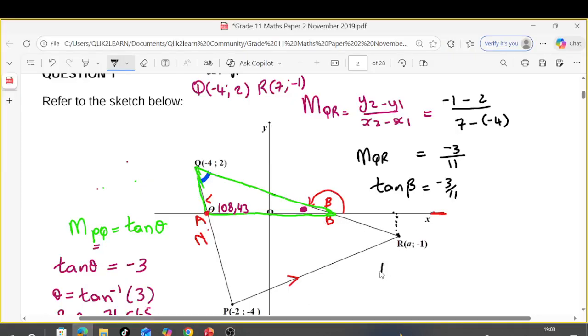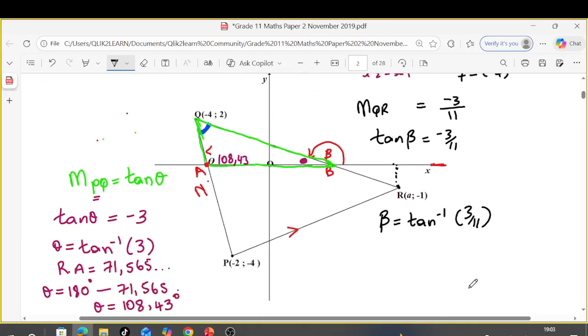So if we first find the reference angle, let's see what we have. We're going to say beta equals the tan inverse of 3 over 11. In fact, let's not call this beta, because if we call it beta, this is something else. Let's call this RA, for reference angle.